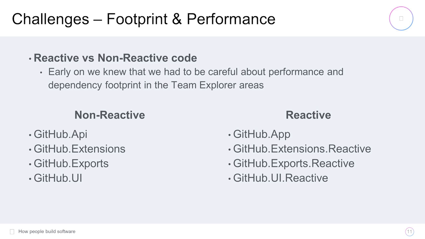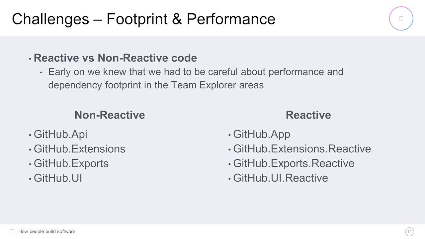But a lot of our code, if we wanted to do this in 4 months, we had to reuse a lot of code, and a lot of our code is reactive, and especially reactive UI, which meant that we actually had to split up the whole project in 2 areas. So we have 8 assemblies and 4x4, which match basically reactive and non-reactive code.